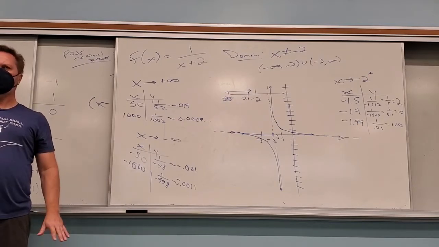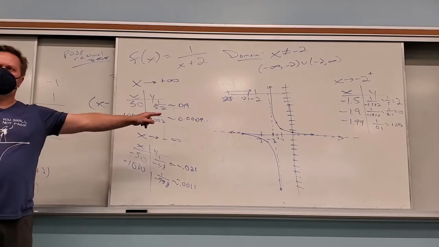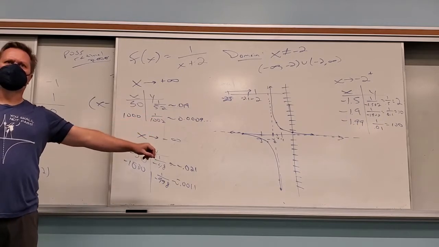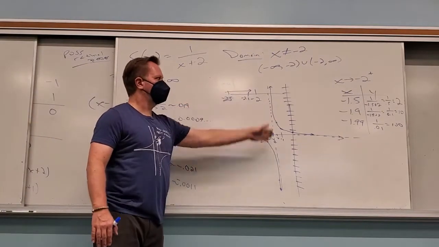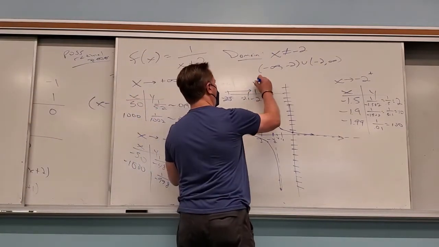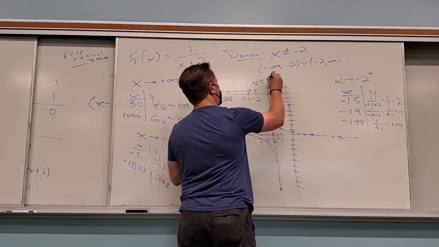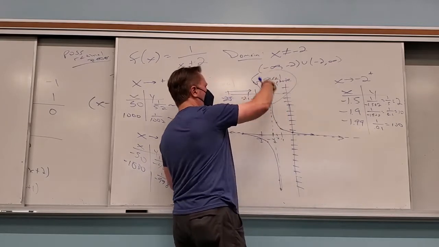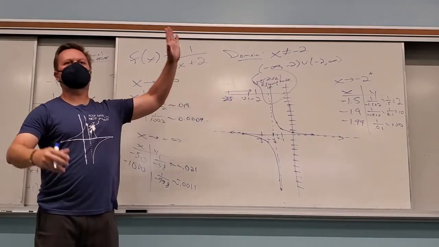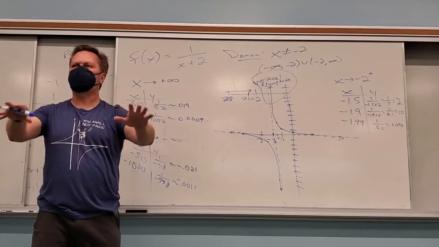So how many walls did we end up with in this picture? 2. I like it. One of them, the vertical one, this is a vertical asymptote. This one here, right? This guy. It came from the domain. It came from what can x not be.